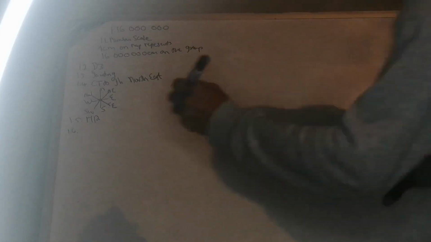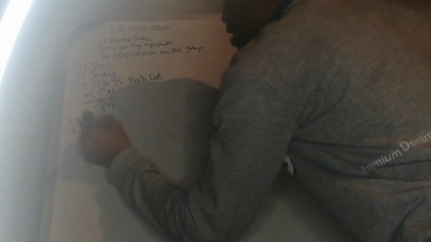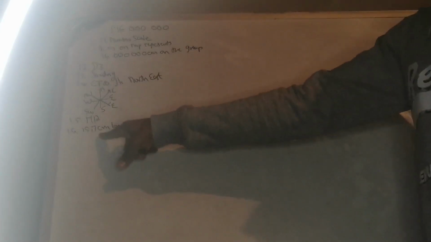1.6. Use the given scale to calculate the actual kilometers if a distance on the map is 15.7 centimeters long. Again, the actual distance, because this is the distance on the map. Right.